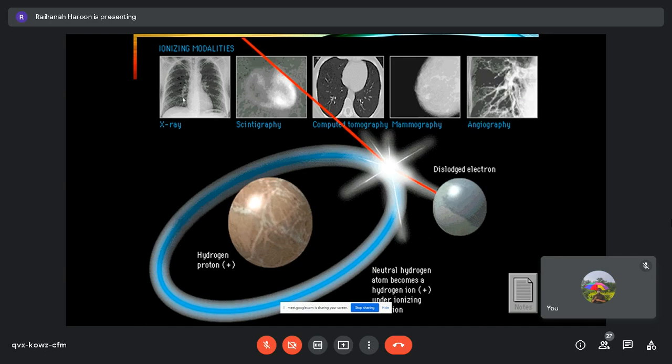It shines on the patient, and there is a detector to capture the image. But in scintigraphy, you have radio tracer material that emits radiation, and you inject it into the patient, and then that radio tracer flows into the blood flow, goes through the normal physiological process, goes to the kidney and so on, and depending on the type of radio tracer, it will reside in a certain type of organ, for example the thyroid.